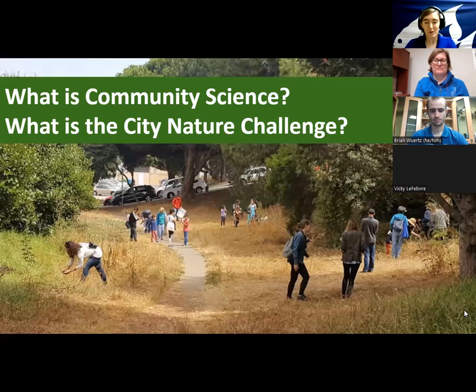So community science might be something that you've heard about before, or maybe you've heard of it as citizen science, but it's an idea that I think is really well encapsulated in this picture. It's the idea that science is not a process that has to occur in a laboratory or in a university or in the field with really high-tech equipment.